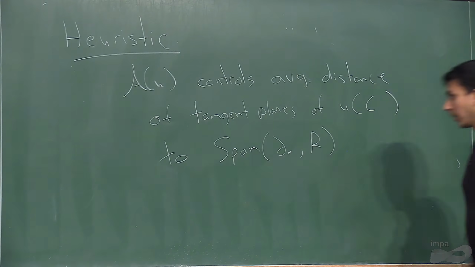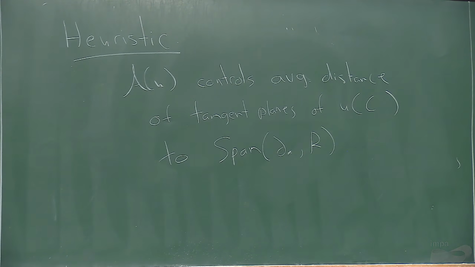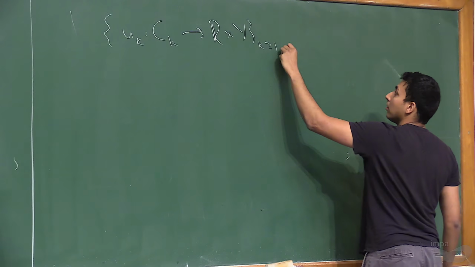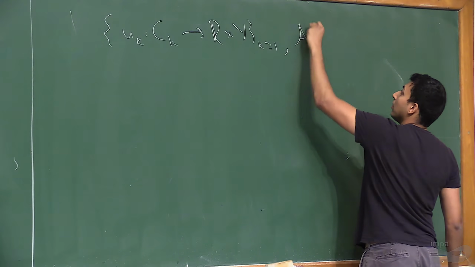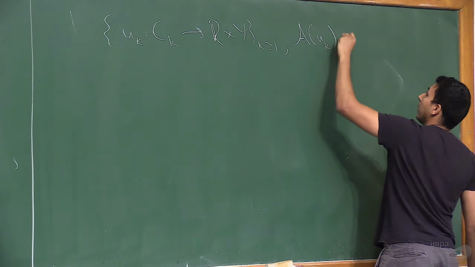Okay. So with this heuristic in mind, we can consider sequences of curves whose action goes to zero. So I'm going to fix a sequence of holomorphic curves u_k such that the action goes to zero.